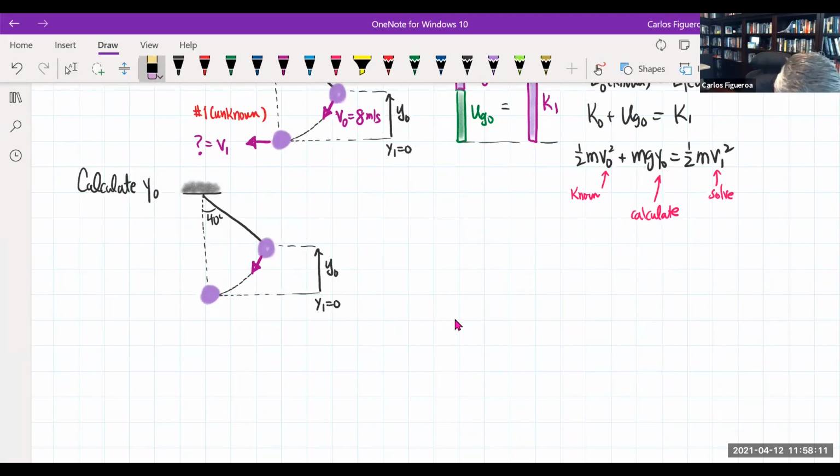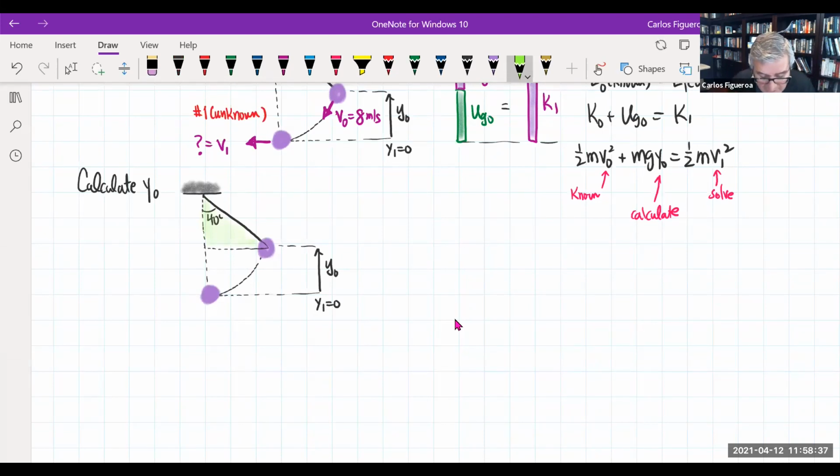Okay, so now what I want to do is calculate what this height y initial is here. The thing you really want to pay attention to is this triangle right here. When you're looking at this triangle, it's this guy that you want to focus on.